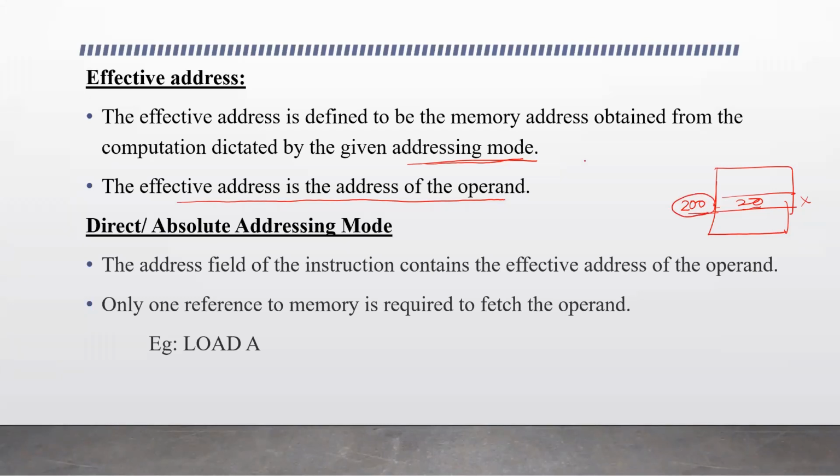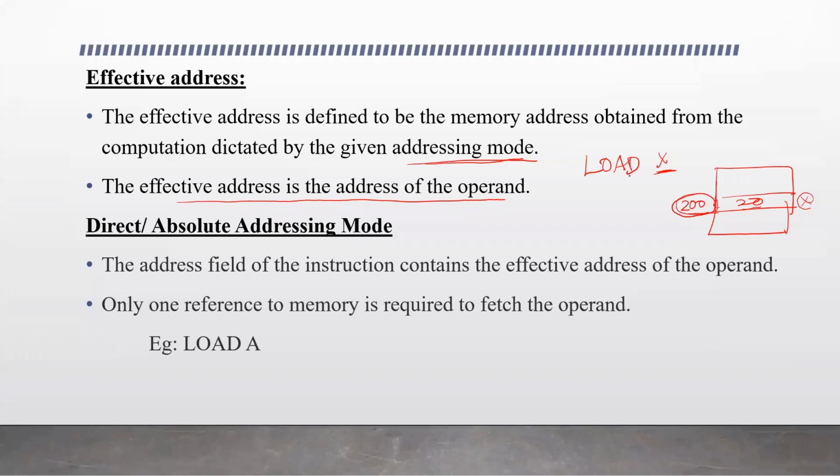In the instruction, when we say load X, for writing the program, we use the name of this particular data, that is X. But internally what does it mean? The address 200.